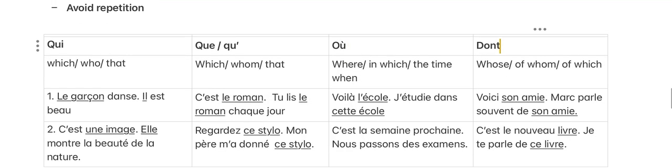Let's have a look at the first one, that is qui, which means which or who or that. The first example, le garçon danse, the boy dances. Il est beau, he is handsome. The first sentence, that is le garçon danse, is the main clause, and the subject is le garçon.